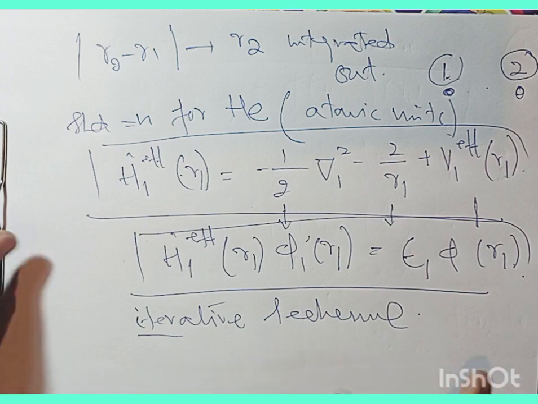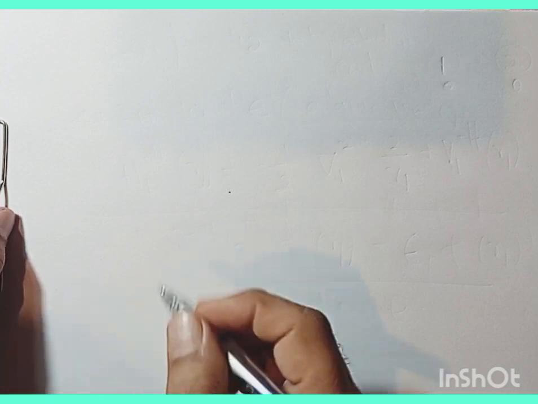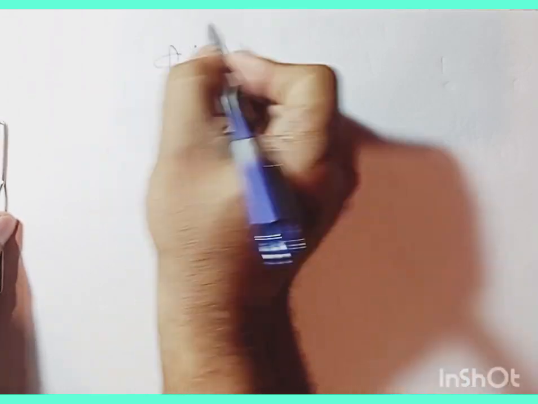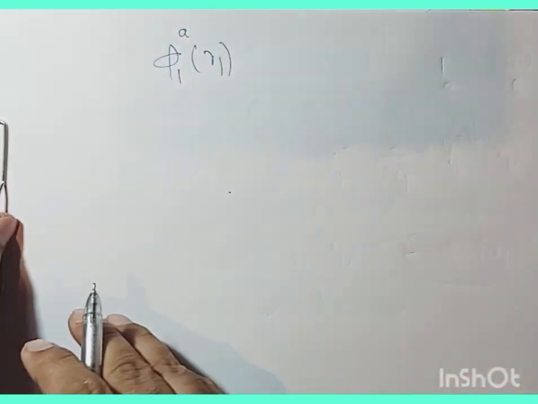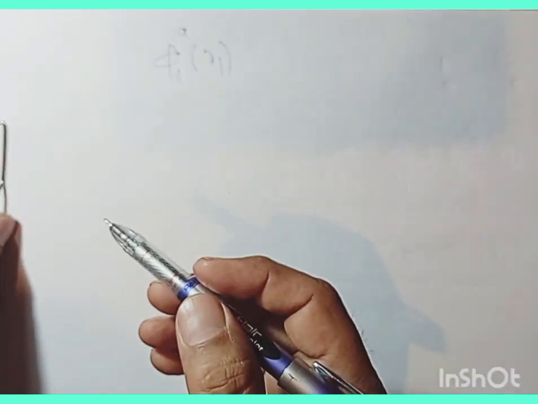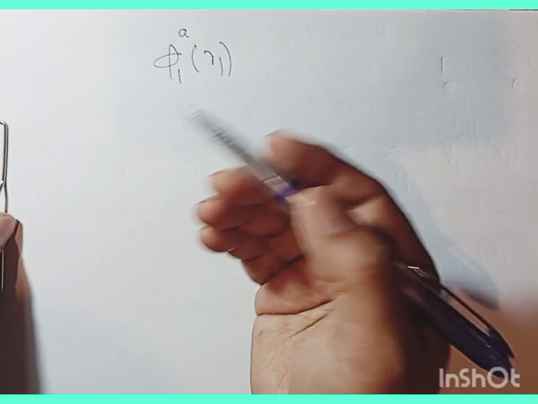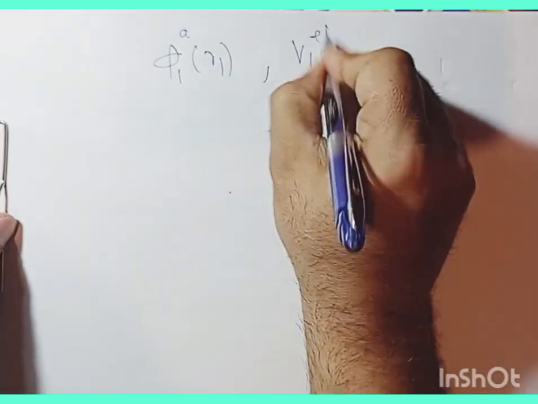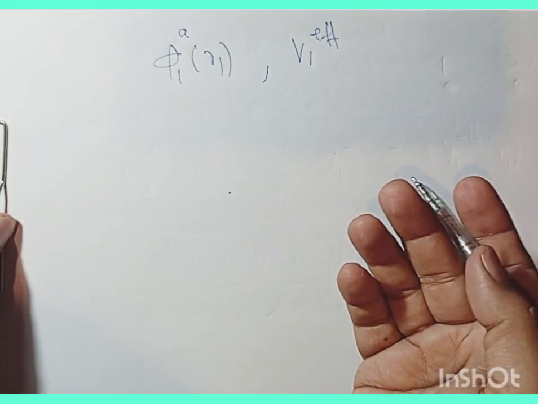Now, to understand this or to go with some approach, we always make use of a trick. And what's the trick? We start with some phi 1 of R1, say we start from A. Using this, we calculate the effective potential, this V1 effective, and then solve the Schrodinger wave equation.